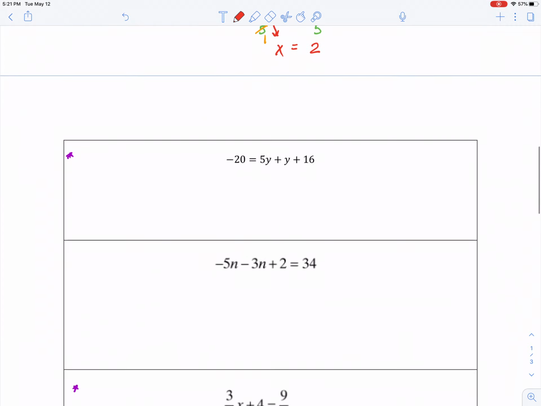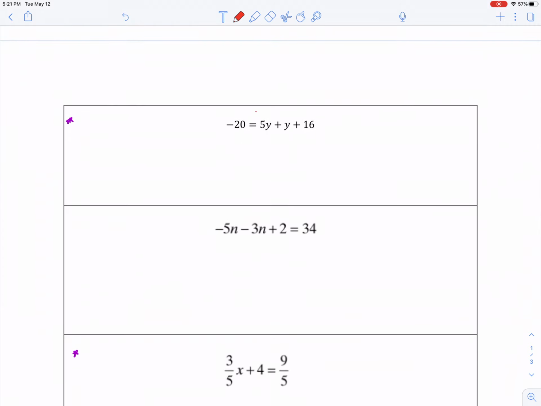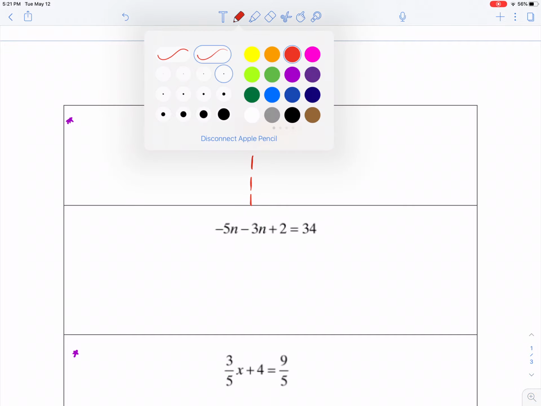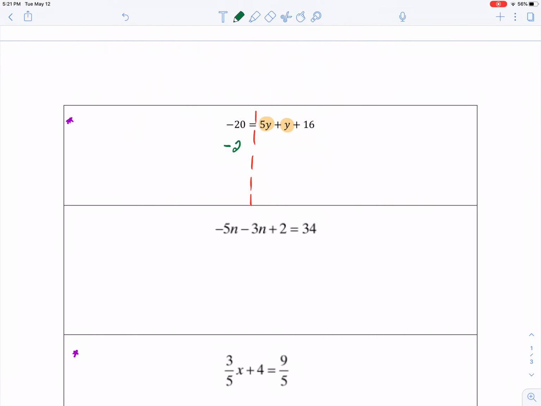Here comes another one that is kind of heavy on the right-hand side of this equation, and I'm noticing 2 terms here on the right side that are alike. So I'm going to go ahead and combine those 2 terms.